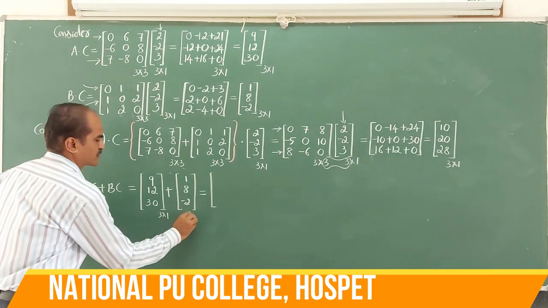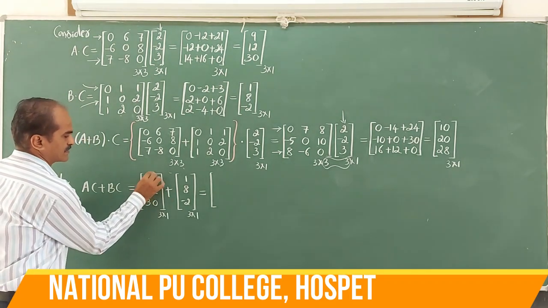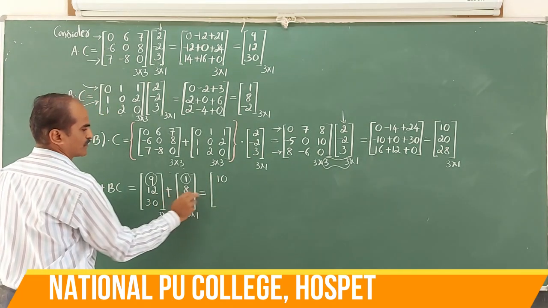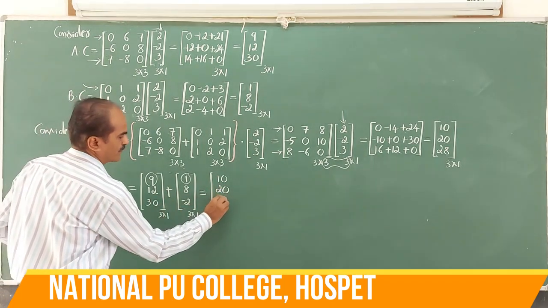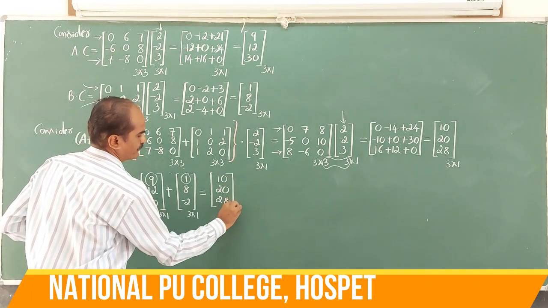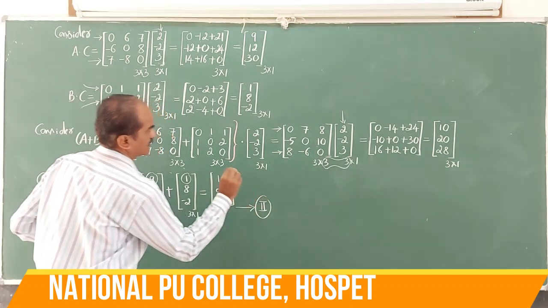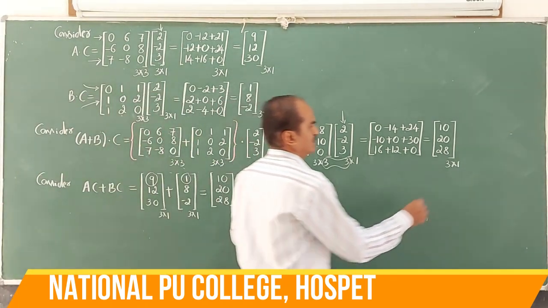Can we add these two? Yes, orders are the same. I can add the corresponding elements. 9 must be added to 1: 9 plus 1, 10. 12 plus 8, 20. 30 plus minus 2, it is 28. You mark it as equation 2, whereas (A plus B) into C as equation 1.